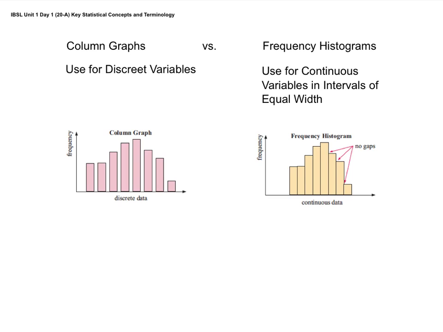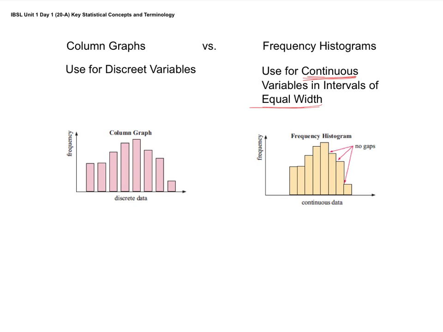Now, remember I told you discrete data versus continuous data was going to be important? Here's one example: a column graph versus a frequency histogram. A frequency histogram is technically for use with continuous variables, and you need to have equal width.